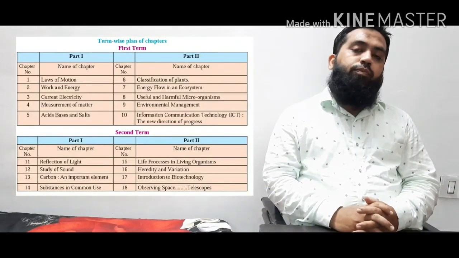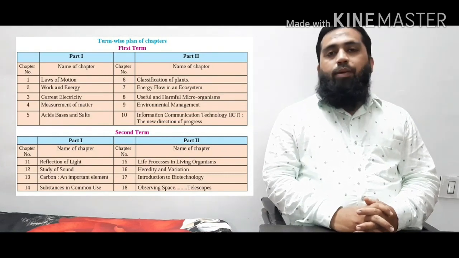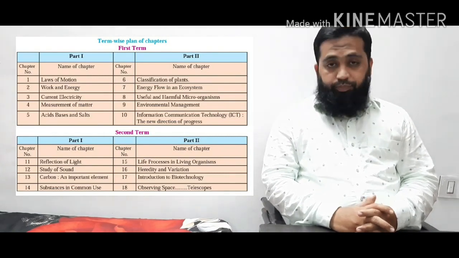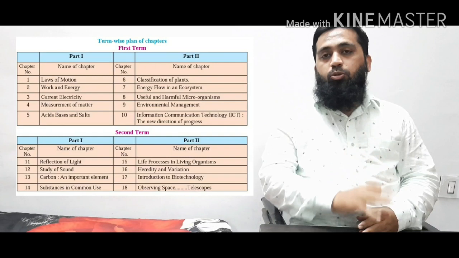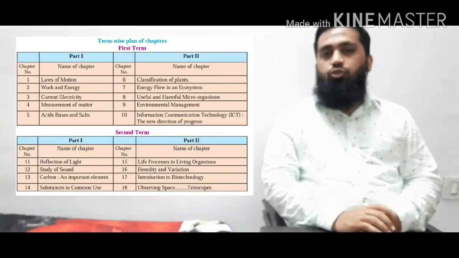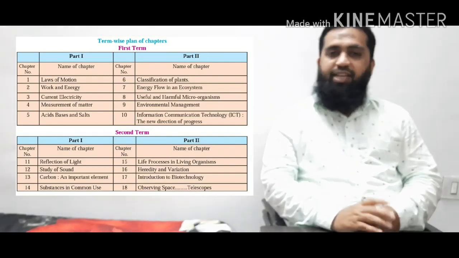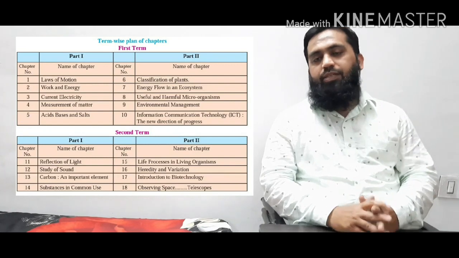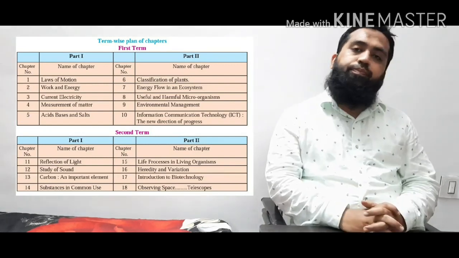So if you look at the paper pattern, there are total 4 major questions which will be asked to you in Science 1 question paper as well as in Science 2 question paper.